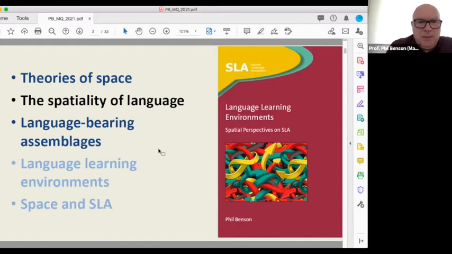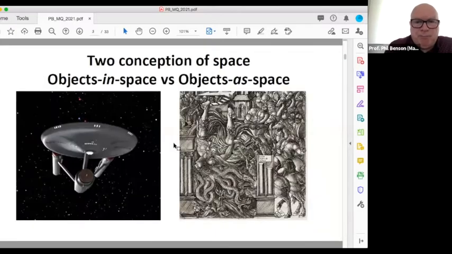So to begin with, the basic idea on space that I want to work with is a contrast that's shown in these two images between the idea of objects in space and objects as space. So there are two basic conceptions of space at work there. The one on the left, if you're as nerdy as me, you'll recognize that's the Starship Enterprise, and it's a fairly good example of an object in empty space.